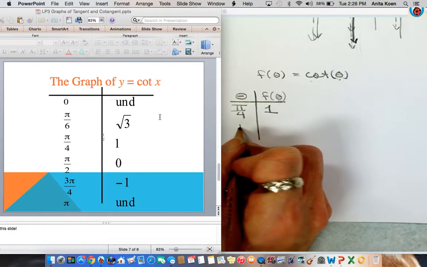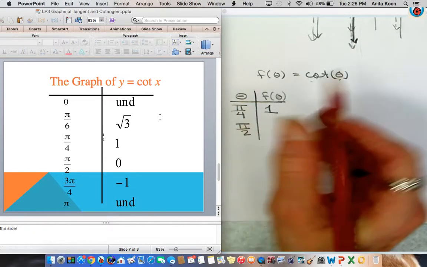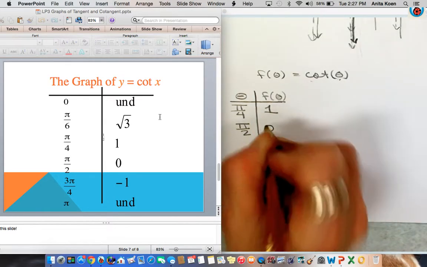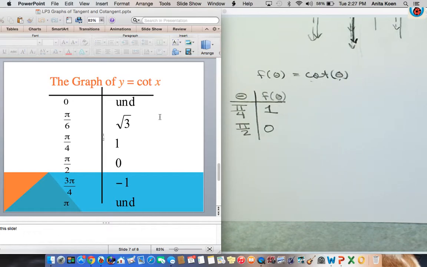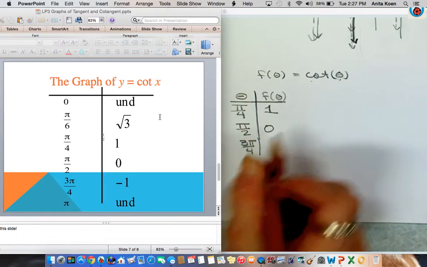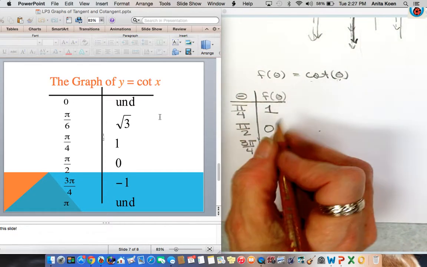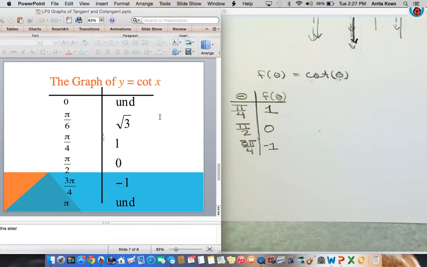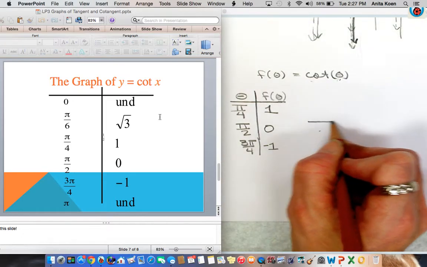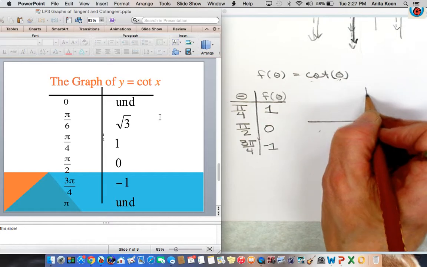If I put in pi over 2, then the cotangent of pi over 2 is 0. If I put in 3 pi over 4, the cotangent of 3 pi over 4 is -1. So I'm going to use this information to help me graph my cotangent.